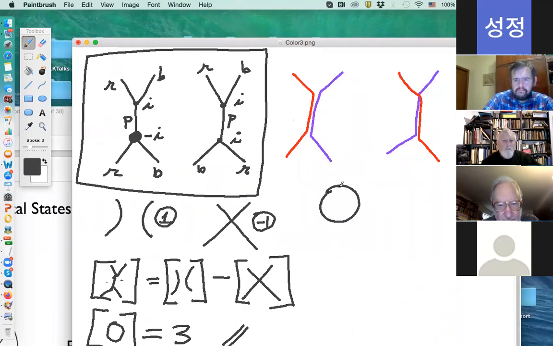Suppose I wish to color this graph. Then we have seen in analyzing Penrose's argument that this formula works.